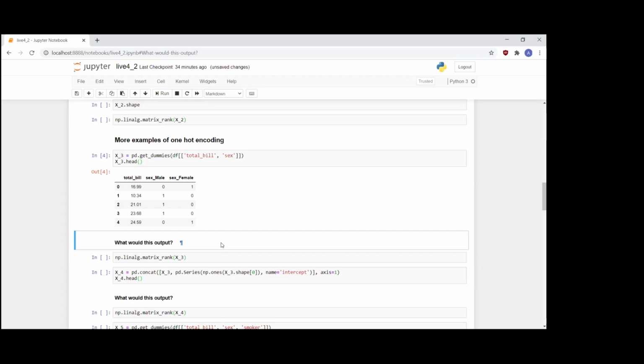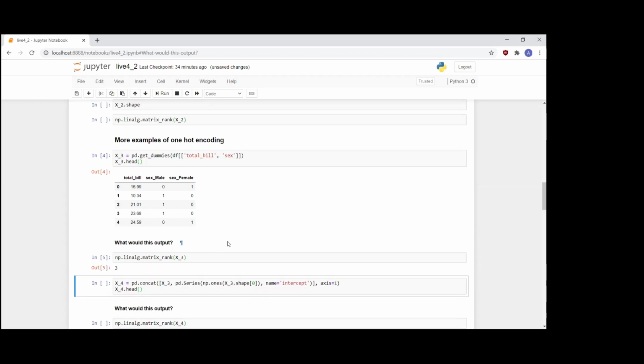Yeah, exactly. So that's kind of the trick with this example. The rank is actually 3 because although these two features are redundant, as in if you know it's female, then you know whether it's male or not.